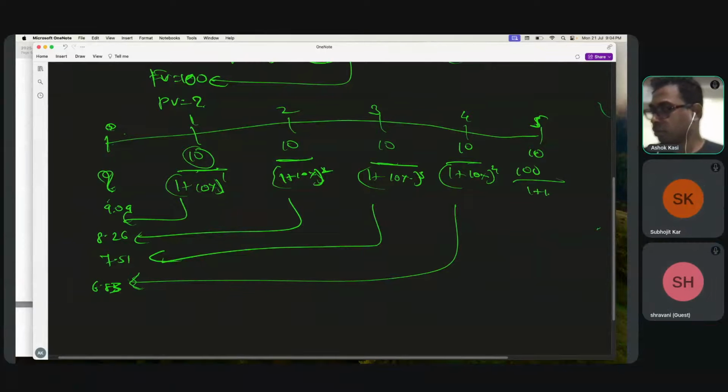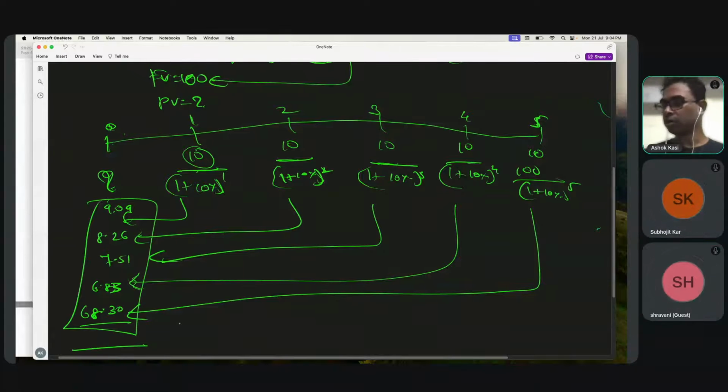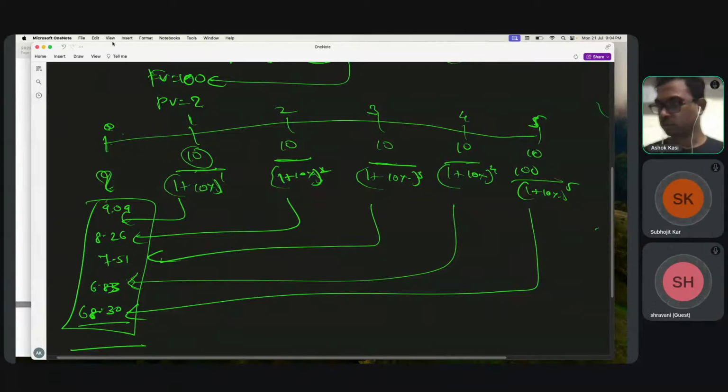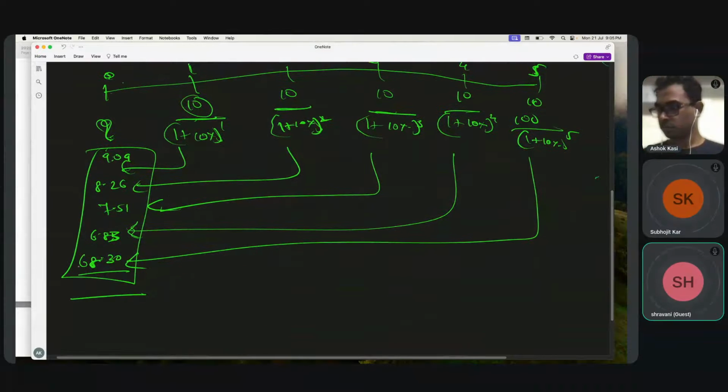And the last one is 68.30. Now you do recall 1, recall 2, recall 3, recall 4, recall 5. It is 99.99.